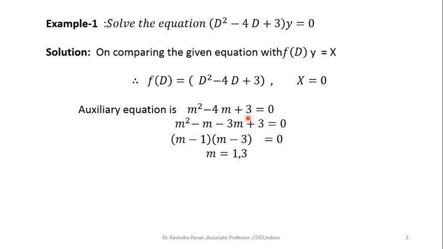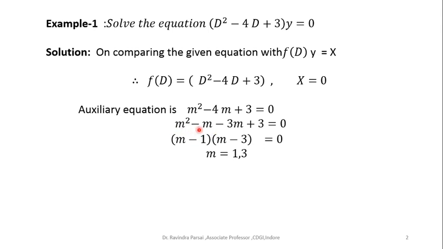Then finding the roots by factorizing: m² - m - 3m + 3, because 3 can be broken into two parts such that their product is +3 and their summation is -4. So the factors are -1 and -3, that is m² - m - 3m + 3 = 0.